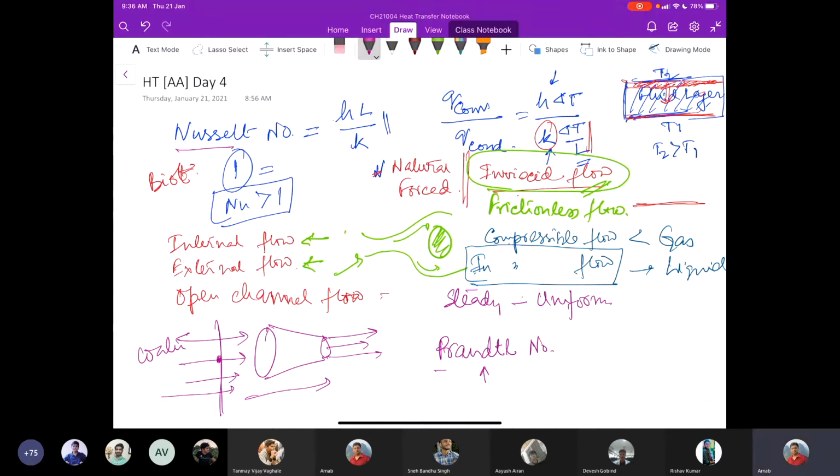Okay, so this Prandtl number is basically the ratio of molecular diffusivity of momentum to the molecular diffusivity of heat.